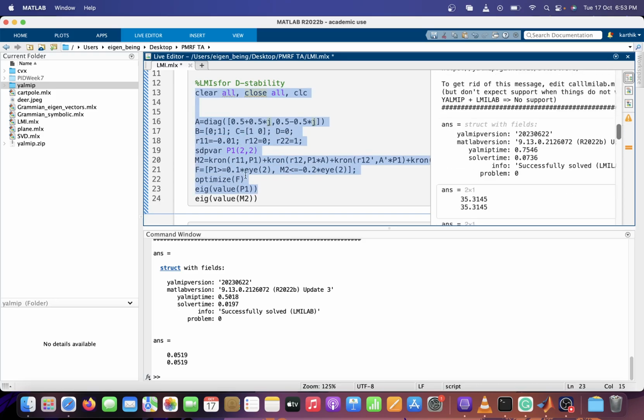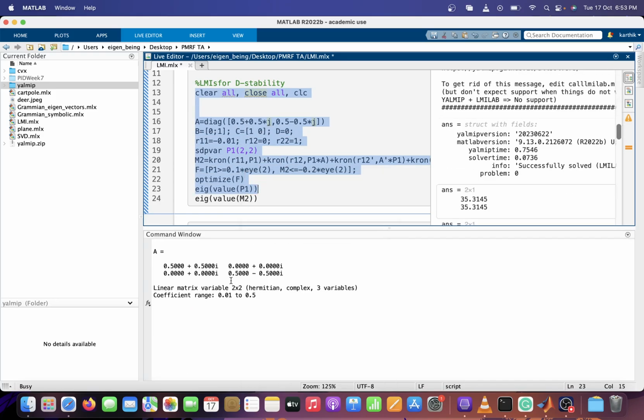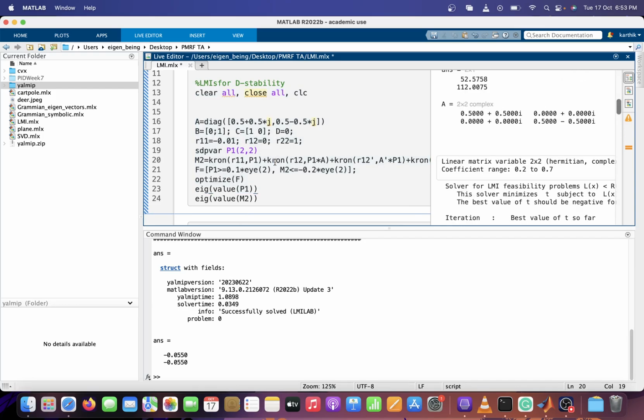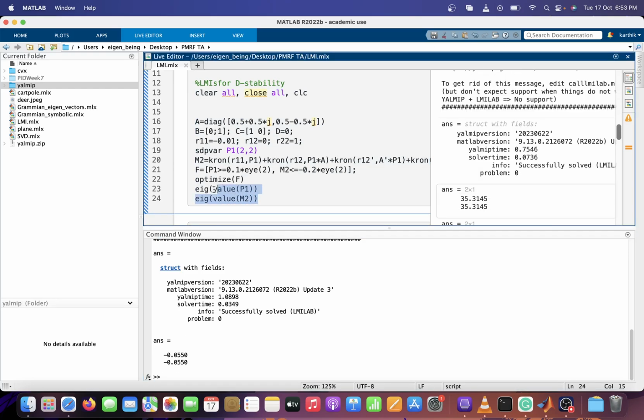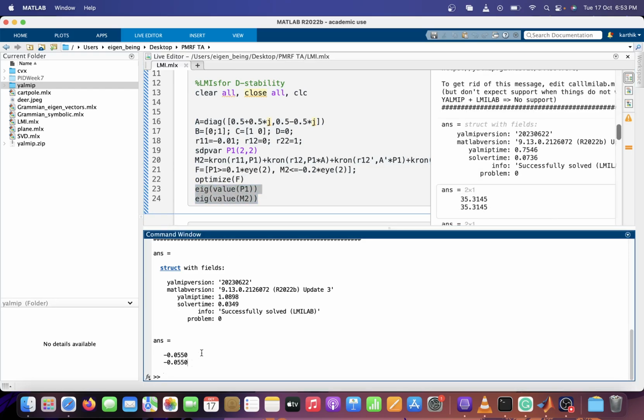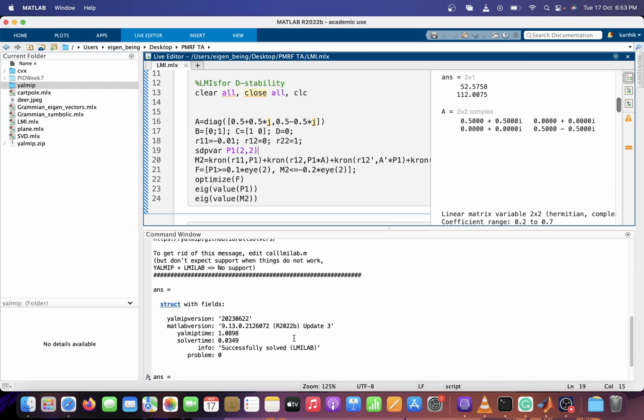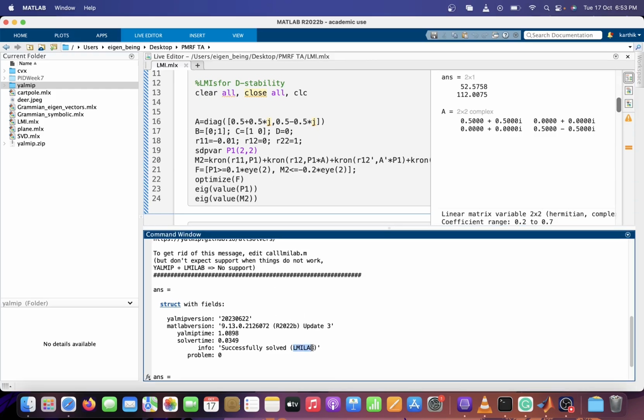Let me run it again. Even if it says successfully solved, my eigenvalues of P are negative, which means it's not feasible. That's because of the solver LMI Lab I am using. I am not using SeDuMi.